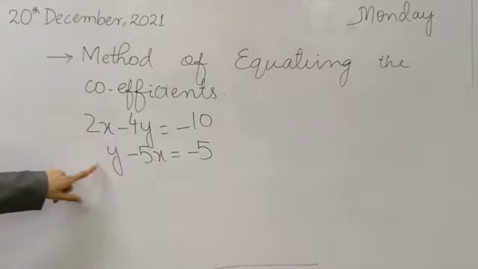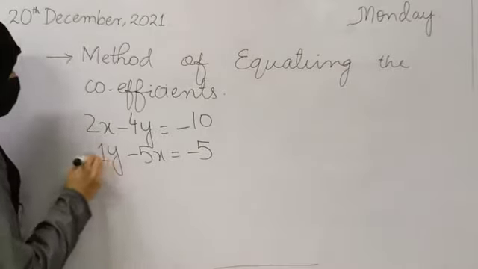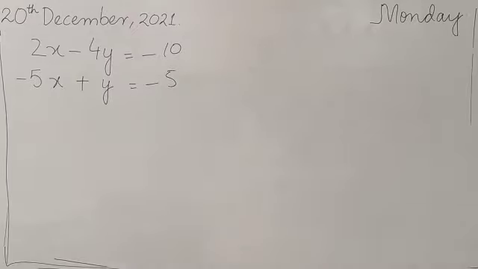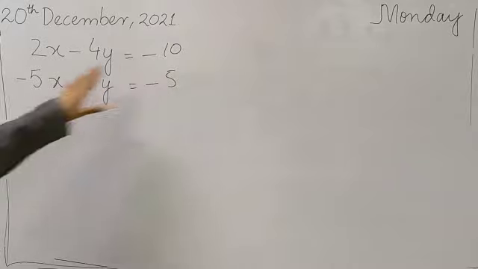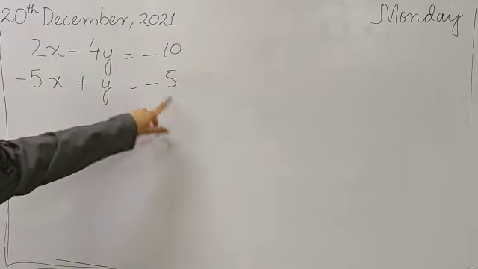And in this equation, coefficient of y is 1 and coefficient of x is minus 5. And the constants are minus 10 and minus 5. Okay, these are two equations. 2x minus 4y is equal to minus 10. Minus 5x plus y is equal to minus 5.